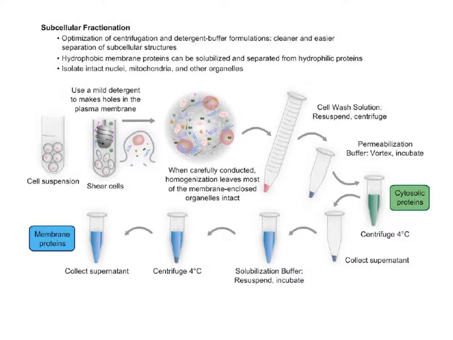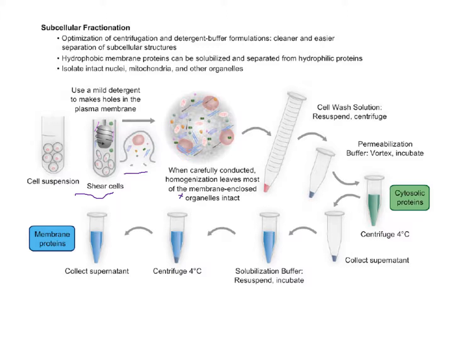So here's a cell suspension. We shear cells. There's a little drill bit kind of thing that spins and breaks these cells open, so they get popped open. This is one way; there are other ways to pop open cells. Now all these cytoplasmic contents fall out. Homogenization leaves most of the organelles intact, which is a key component.